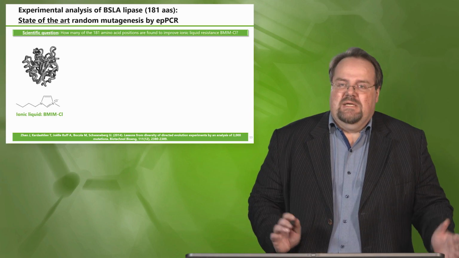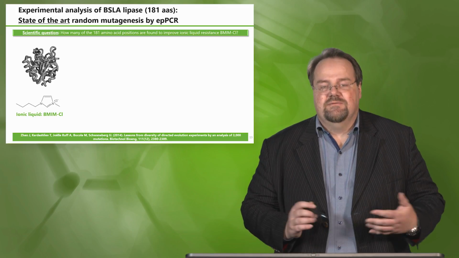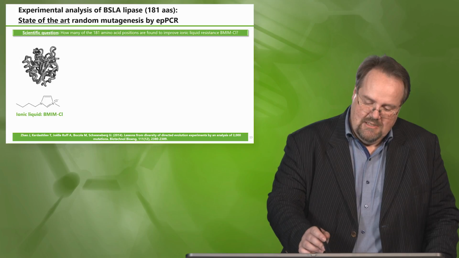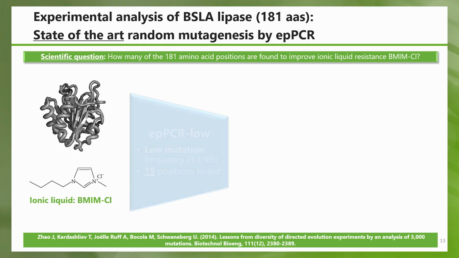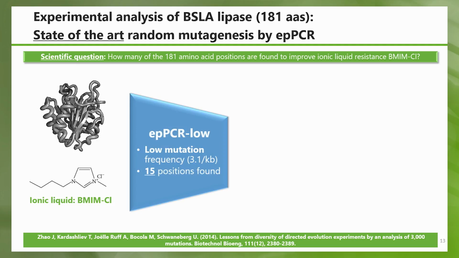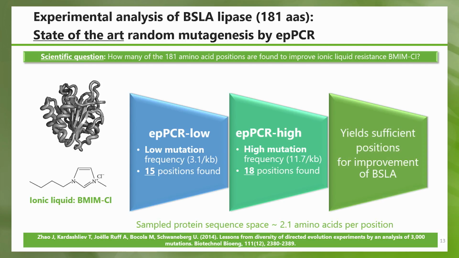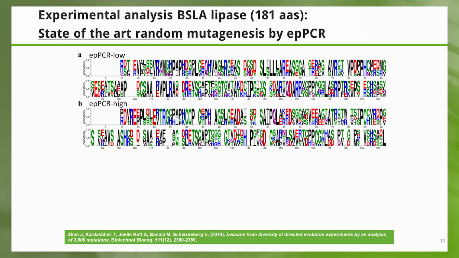But we can also experimentally look at the diversity that is generated. When we now take a small lipase gene and we sequence from an error-prone library 1,000 variants, this is like screening a small library. We can do this with a high mutagenesis frequency, 11.7 base pair mutations per 1,000 base pairs, and sequence 1,000 variants, then this is what you totally get as a result.